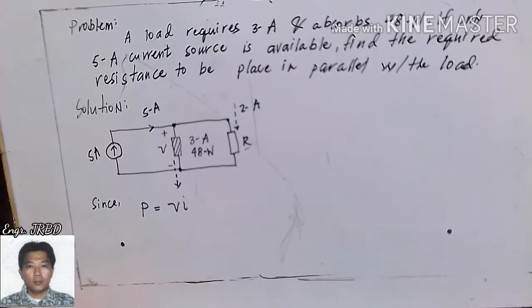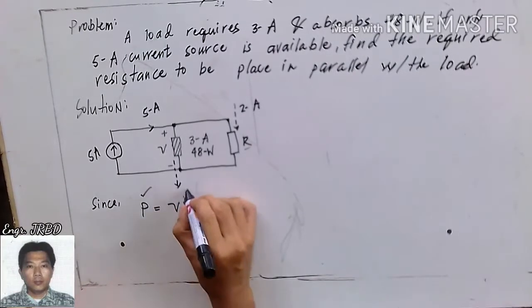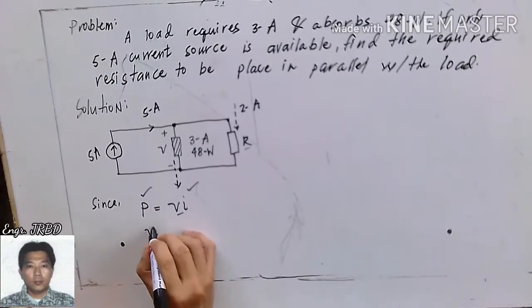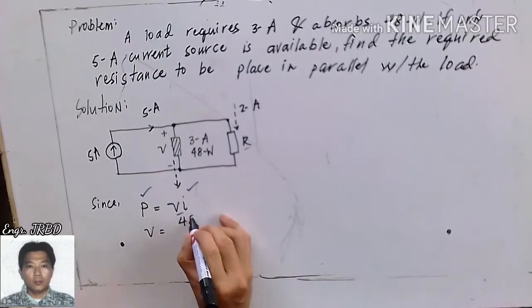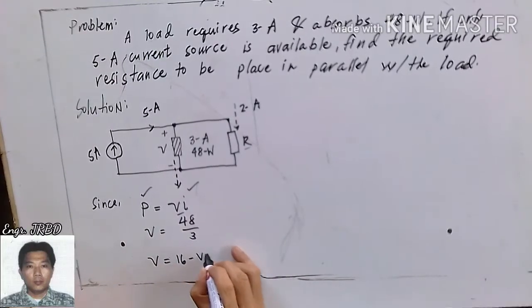We have this equation last time. The power is given, the current is given. We are looking for only your V. So V is 48 watts divided by 3. So your V is 16 volts. This is the voltage across your 3 ampere connected load.